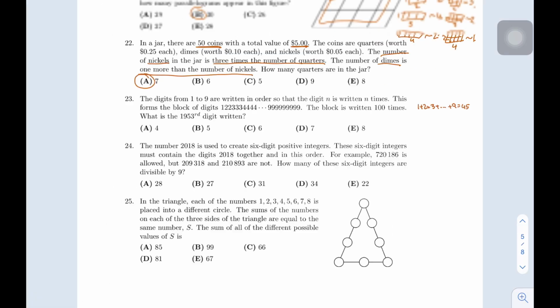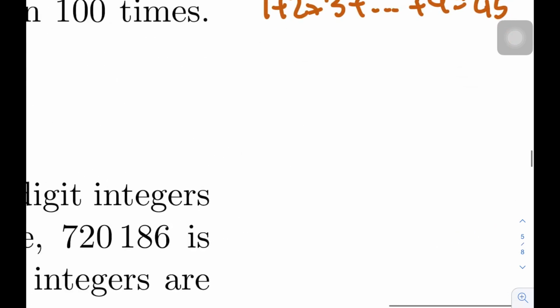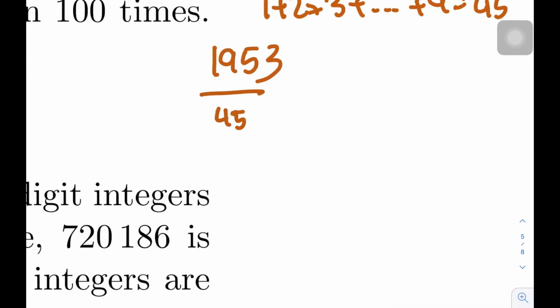Then I'm going to find out how many blocks fit into 1953 digits. So 1953 divided by 45 gives me 43 remainder 18. So now I know I have a remainder of 18, and I'm just going to write out the first 18 digits of this pattern to see what's the 18th digit, and that would give me my answer.